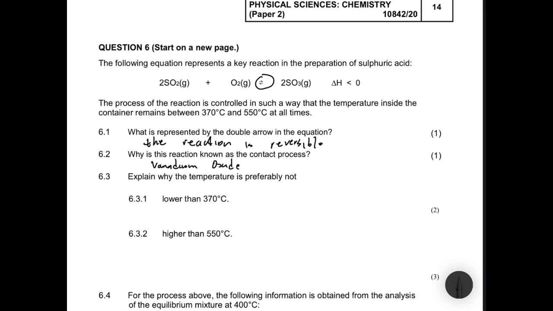We need the reaction to be greater than 370 degrees because if the temperature is too low, right? If the temperature is too low, then the yield from the reaction will not be enough, right? Because you know that to increase the reaction rate, we need to increase the temperature, right? So that our yield can go up, right? So the temperature, if it's too low, the yield won't be enough.